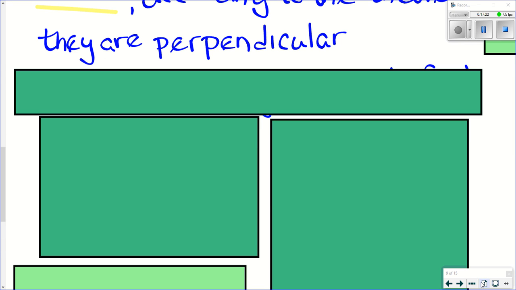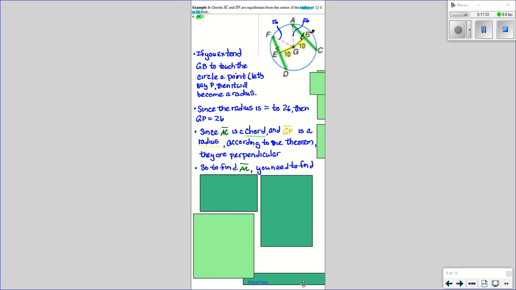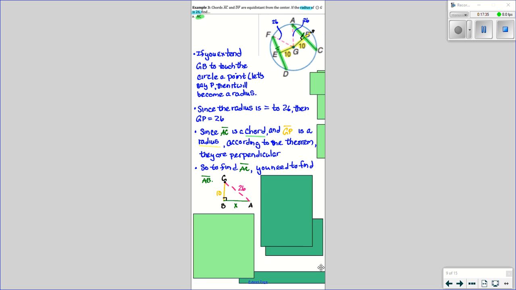So now we're going to do the work, and I'm just going to make this smaller. So in order to find AC, we draw the triangle. So I draw accordingly to the information I was given, the 26 for AG, 10 for GB, and then we're looking for AB.